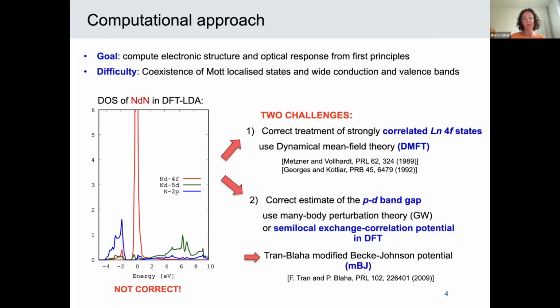Then the best thing to do would be to do a GW calculation, or more simply, we can use a semi-local exchange correlation potential in DFT. And that is actually what I did. So what I used is this Tran-Blaha modified Becke-Johnson potential, MBJ, as it is implemented in the Wien2k program package.